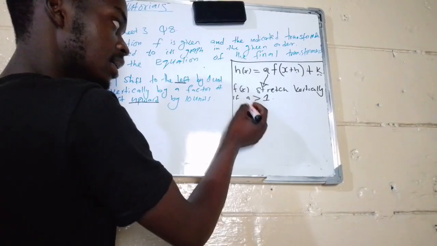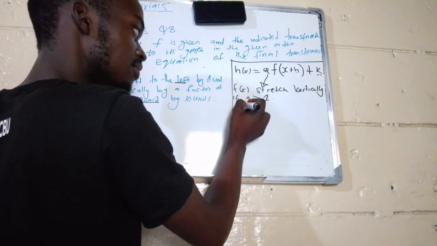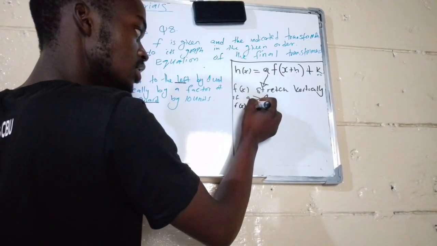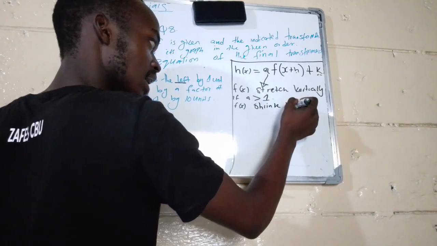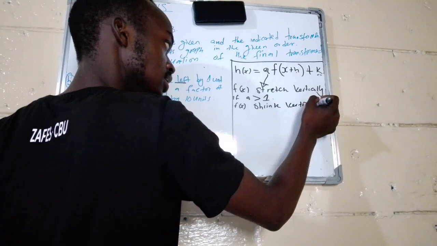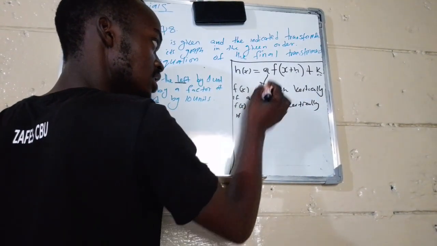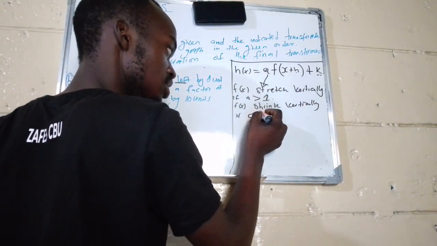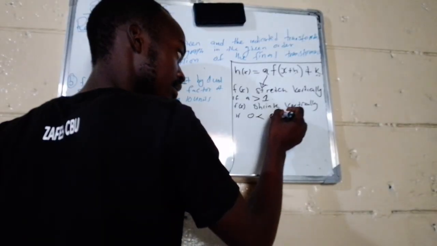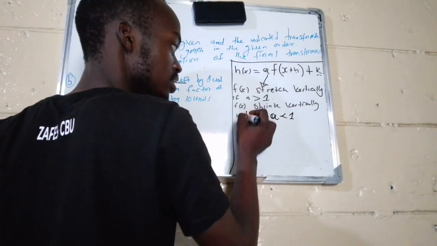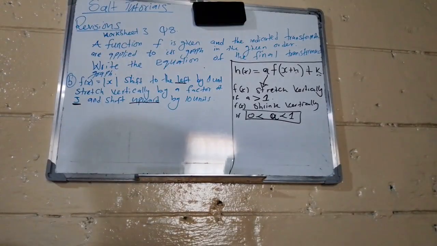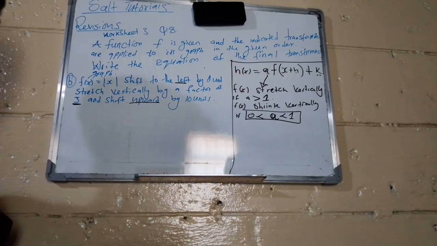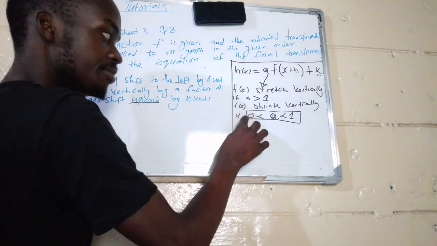And then we are simply saying that this function f of x can shrink vertically if this a here is in between 0 and 1. So in between 0 and 1 symbolizes that this a should be a fraction. Obviously it can be 0.1, 0.2, 0.3 up to 0.9 something, as long as that a is in between 0 and 1.